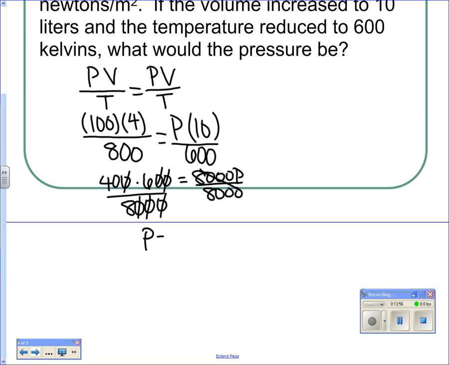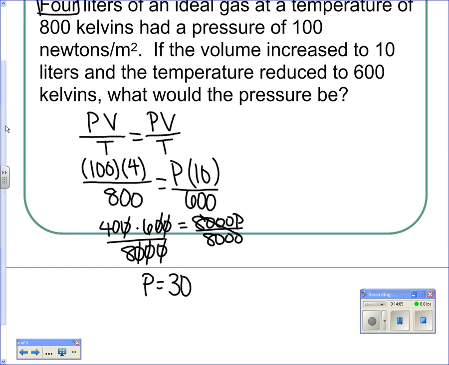Your pressure is... And then divided by 8,000. What are the units for pressure in this problem? So put newtons per meter squared. Yes, put the units. Does that make sense?